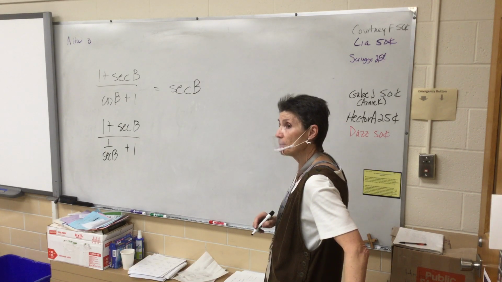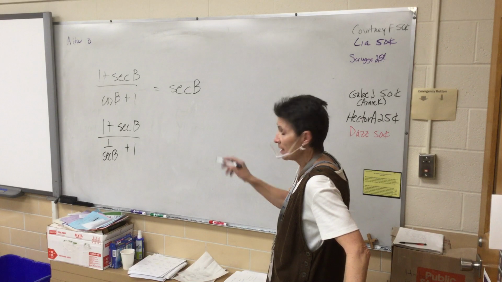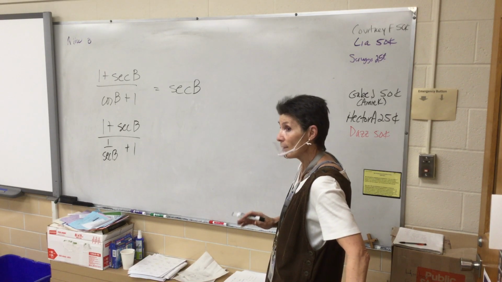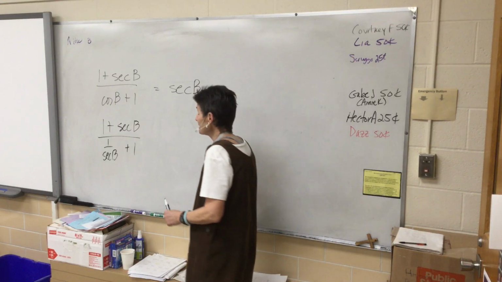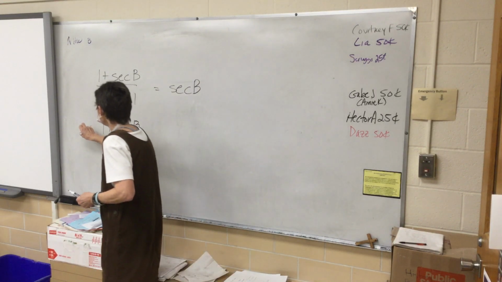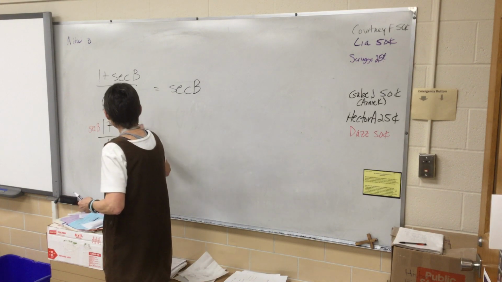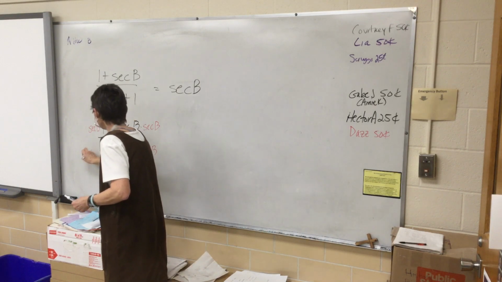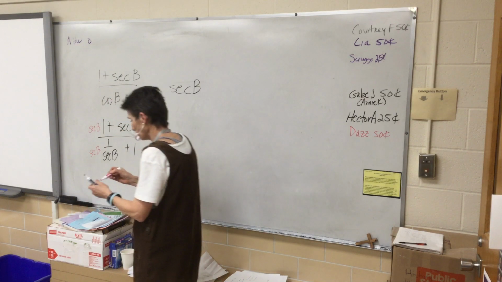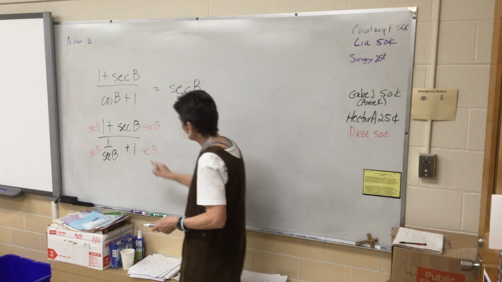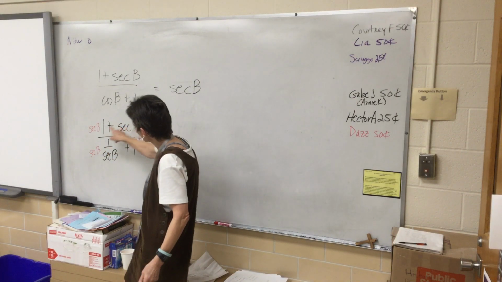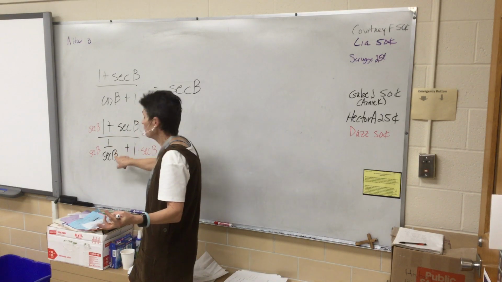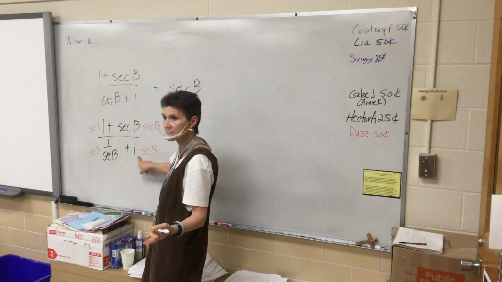All right, that's called a complex fraction. And anytime you have a complex fraction, you need to simplify it. You can do that however it works for you. The quickest, fastest way is to multiply every single piece of the fraction by the common denominator of all the little pieces. So when I say all the little pieces, this big black fraction, 1 is a piece, secant's a piece, 1 over secant's a piece, and 1 is a piece.